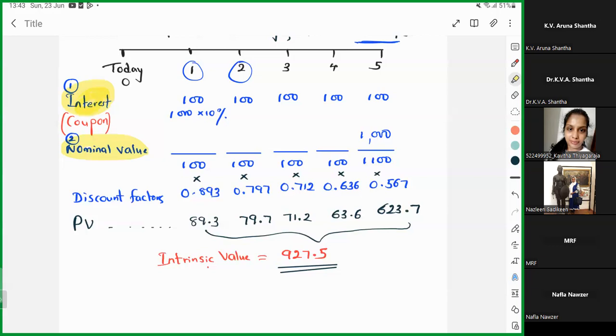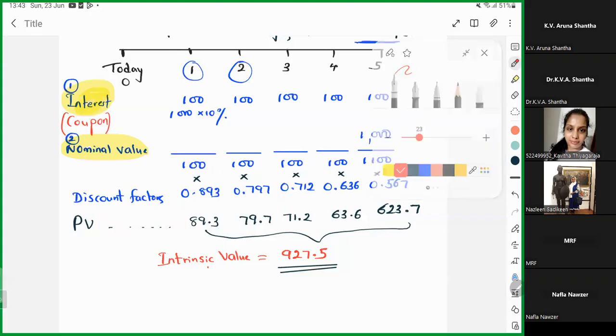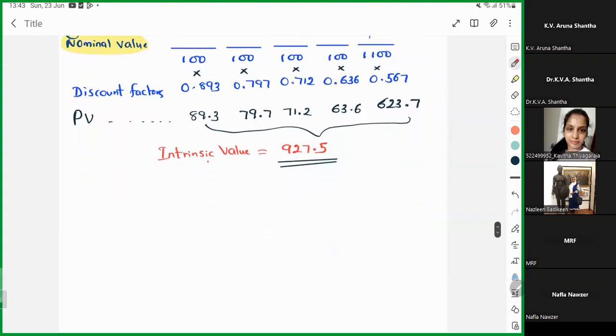In other words, this is called yield to maturity. So the discount rate is the yield to maturity. In simple terms, that is the rate you expect or need by investing in these debentures.